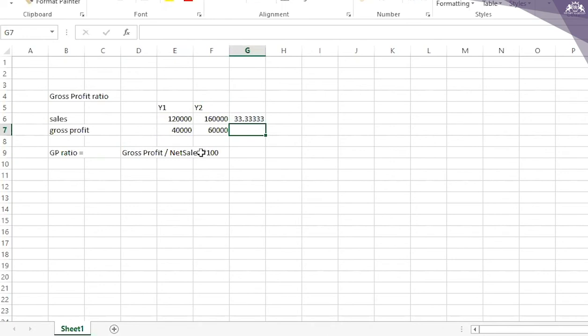And for year 2, it would be 60,000 divided by 1,60,000 as a percentage, and this would be 37.5%. That means my year 2 is doing much better than my year 1.